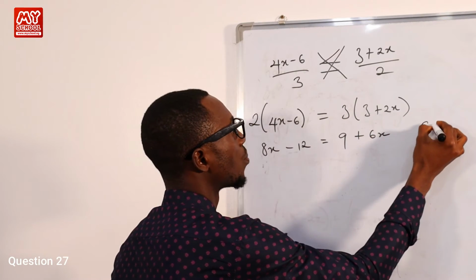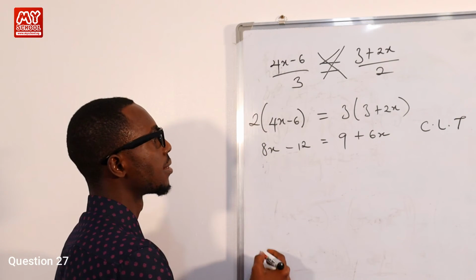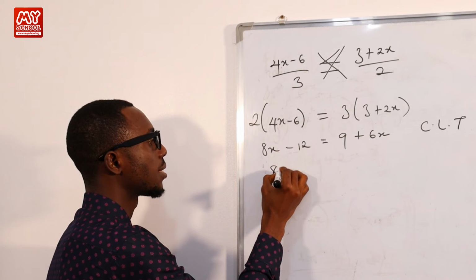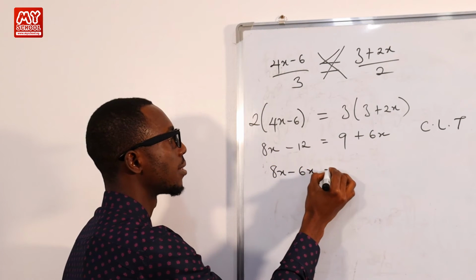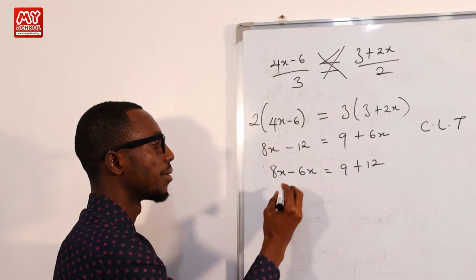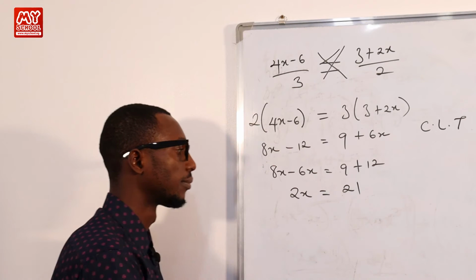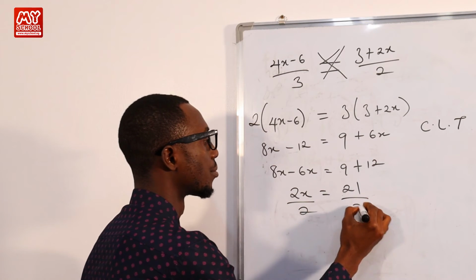So at this point, we collect like terms. Collecting like terms, we have 8x minus 6x equals 9 plus 12. 8 minus 6, we have 2x equals 21. Divide both sides by 2.